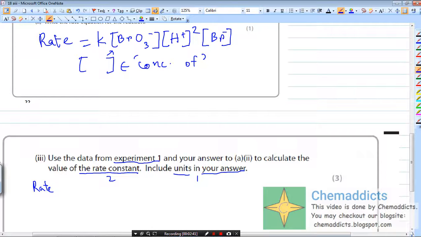So at first let us write the rate equation: BrO3 minus, then H plus whole square, Br minus.